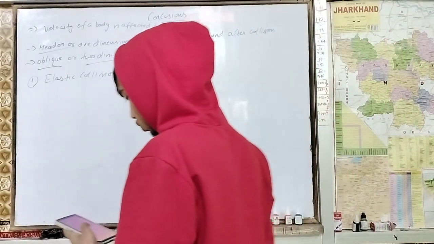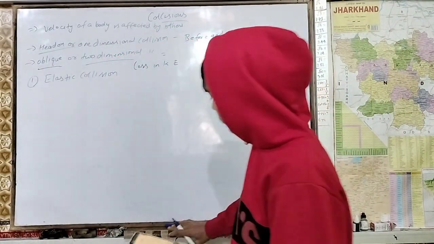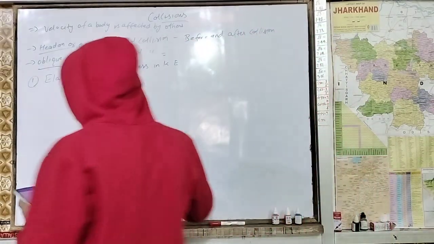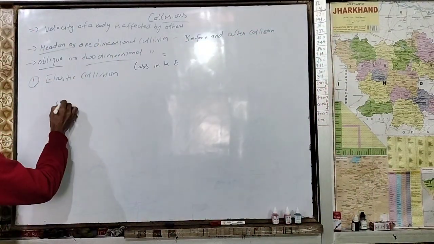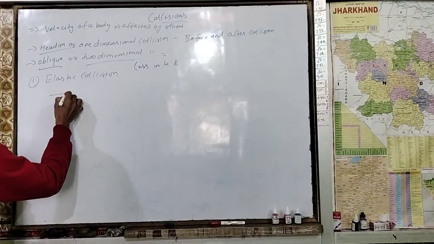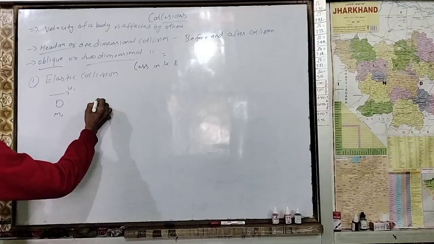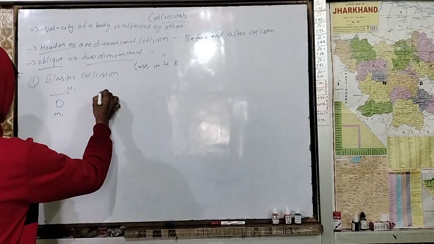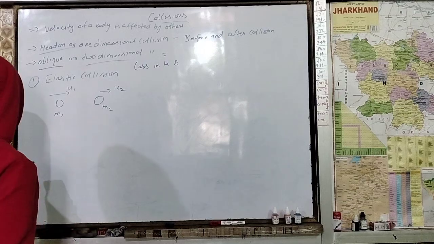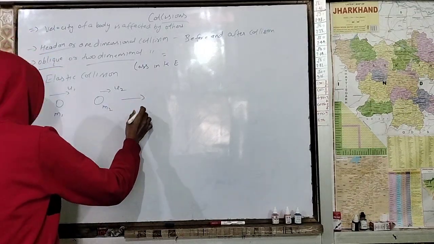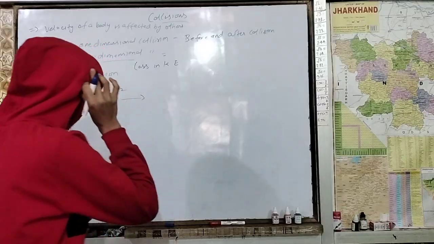So let's explore it in detail. What is the meaning of elastic collision? Let's say there are two objects. This one has mass m1 and velocity u1. The other object, m2, is moving with velocity u2.